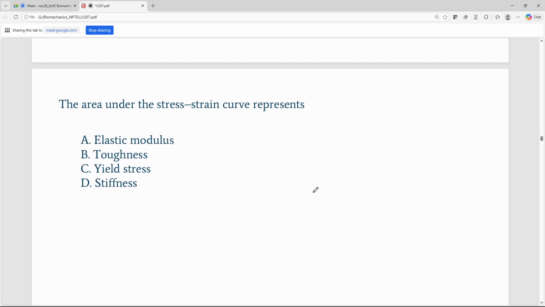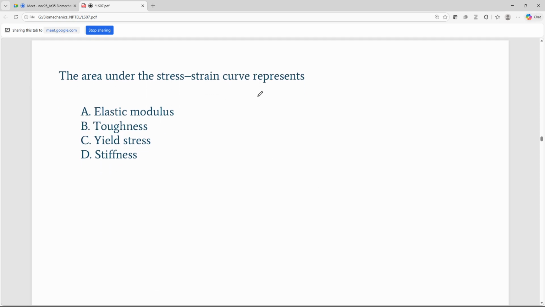Next question. The area under the stress strain curve represents? I just explained in one question before. Options are option A, elastic modulus; option B, toughness; option C, yield stress; option D, stiffness.